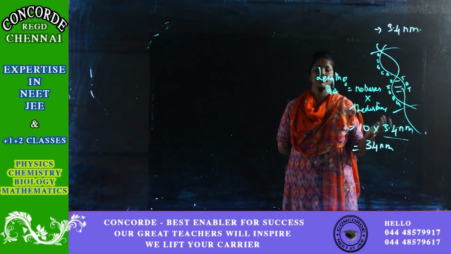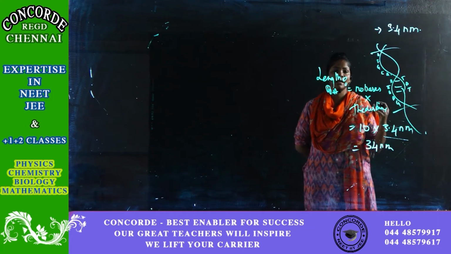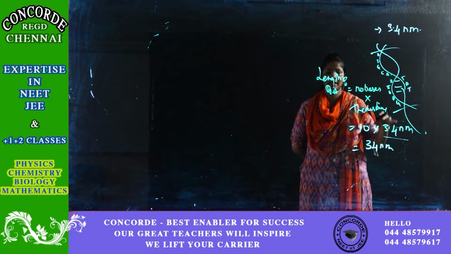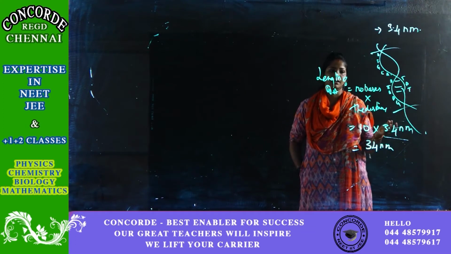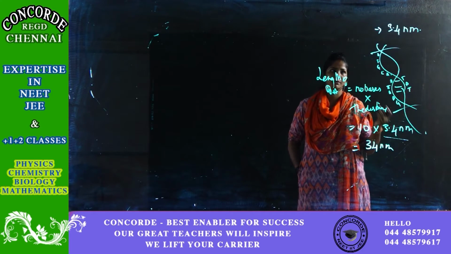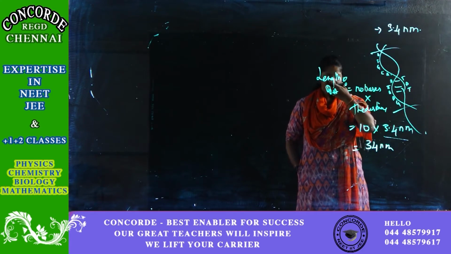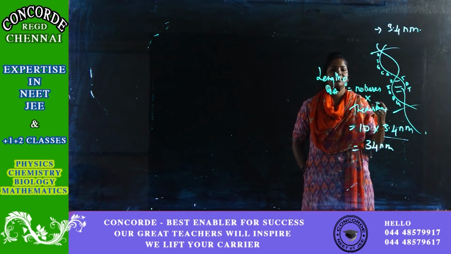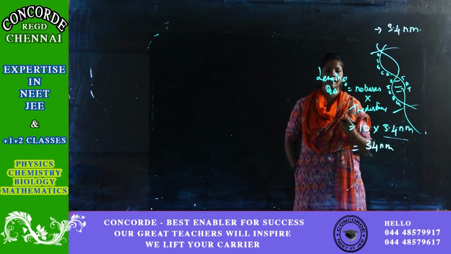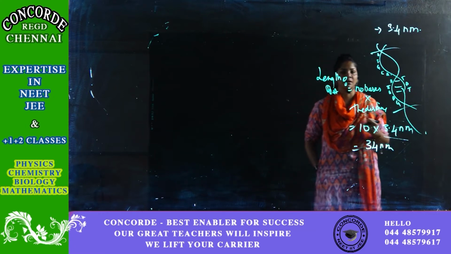Likewise, at times they might give you the length and ask you to find out how many nitrogenous bases are present. So you might have some problems, but you have to remember that the distance between the nitrogenous bases is always a constant, that is 3.4 nanometer. Okay, fine.